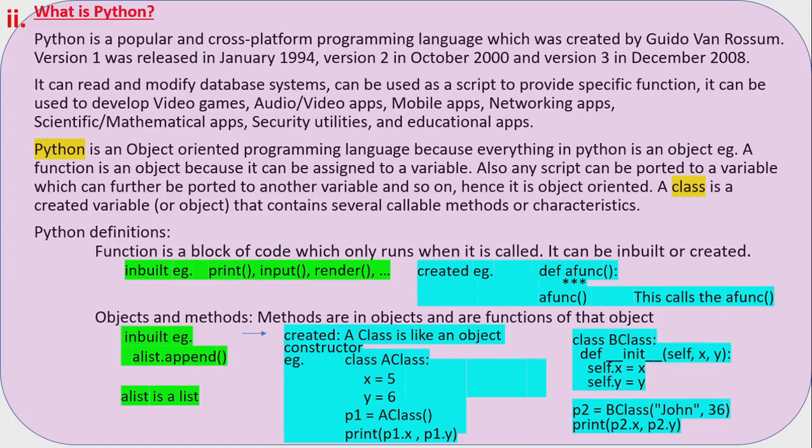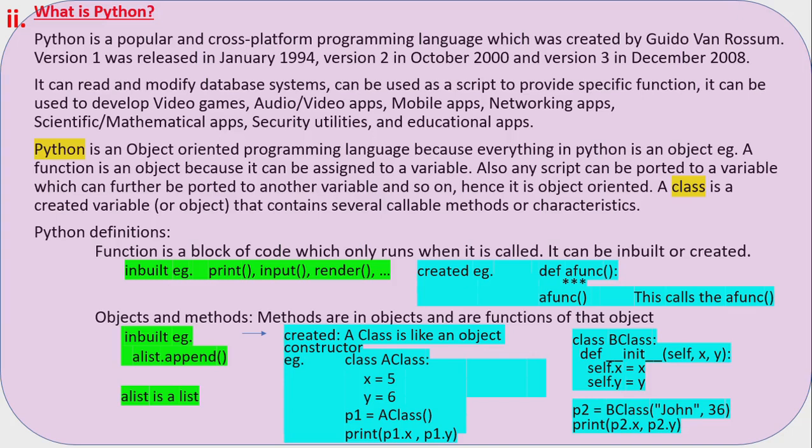Then the actual object is created with p2, equal to BClass, the name of the class. Inside that we have the parameters, the values which we want to assign to the arguments x and y.